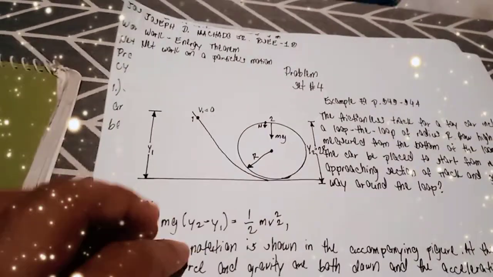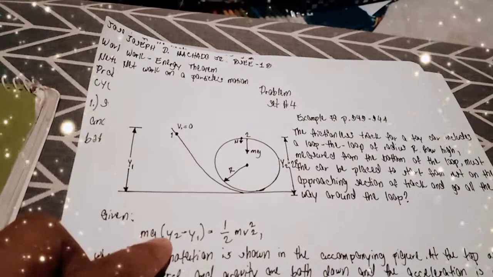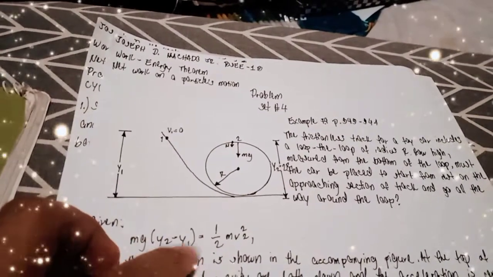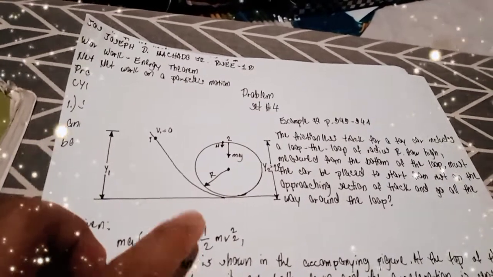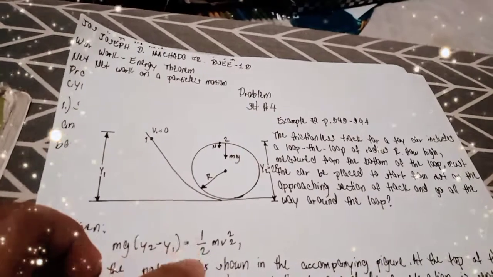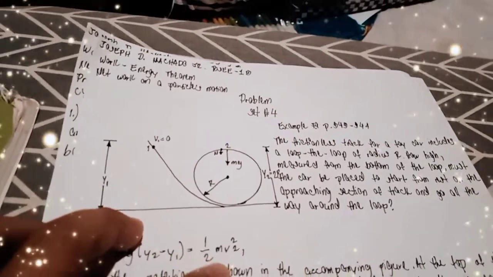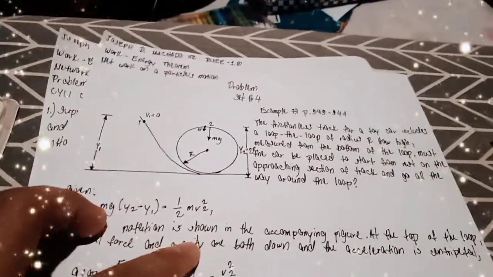So this is the Venn diagram given, and the formula is mg times the quantity y sub 1 minus y sub 2 equals 1 half m v square sub 2, where the notation is shown in the accompanying figure.